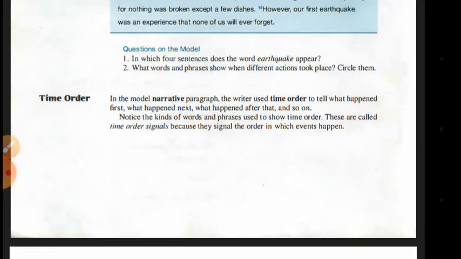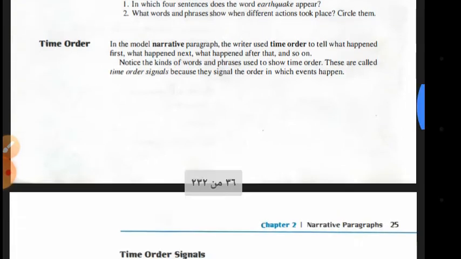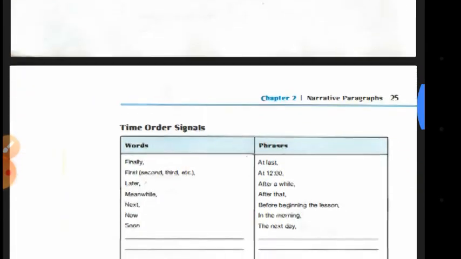We call them time order signals, علامات الترتيب الزمني, because they signal the order in which events happen, في أي زمن حدث الحدث.